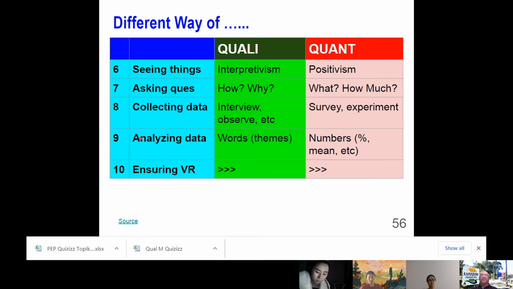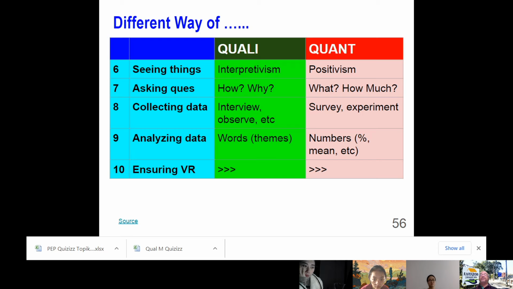Difference number 9. After this, I will go into a little more detail on each of the differences. Number 9 is the way to analyze the data. In qualitative, it is through words, because you ask questions and the participant answers. After that, you take the conversation and write it in a transcript.